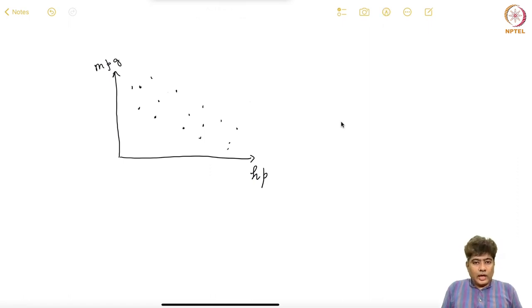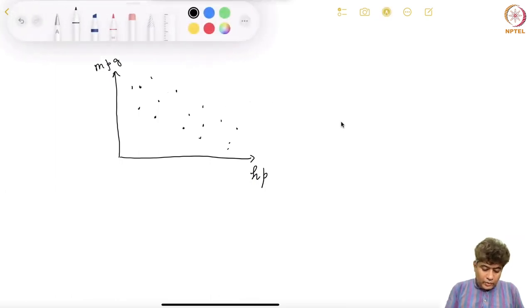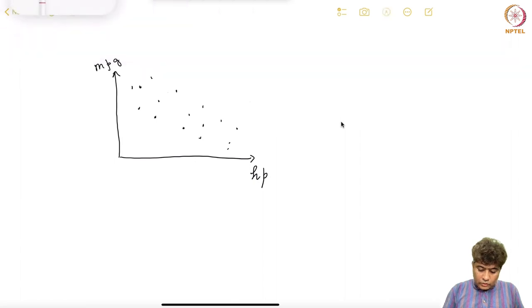Now suppose we have a prototype car for which we know the horsepower is somewhere here. This is the horsepower. Now the question is, if this is the horsepower, then what could be the miles per gallon based on this data set?